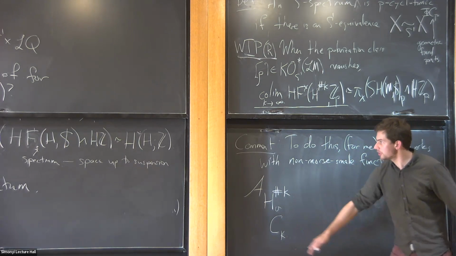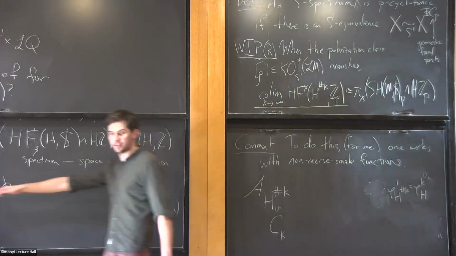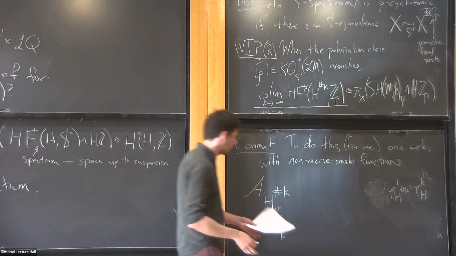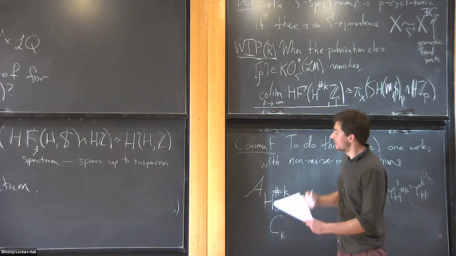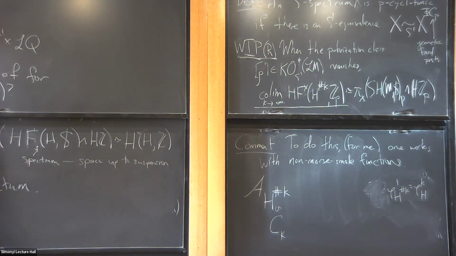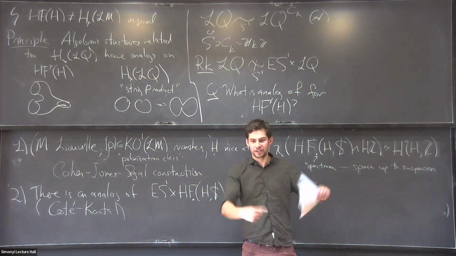What people usually do is Borel theory, and that works. There's an equivariant Floer homology group. It's very useful for dynamics. But I personally don't know how to make sense of that map while doing this kind of Borel stuff.